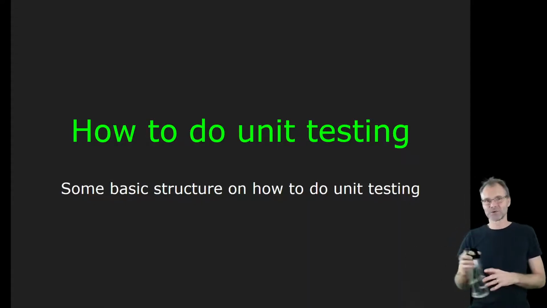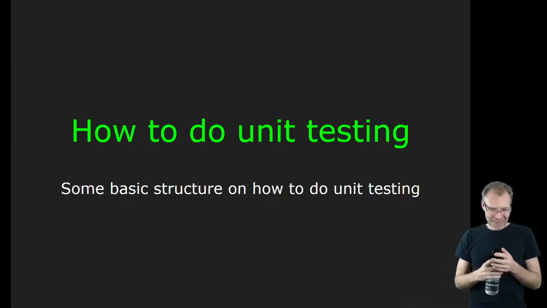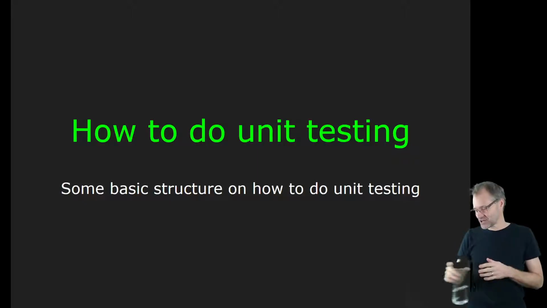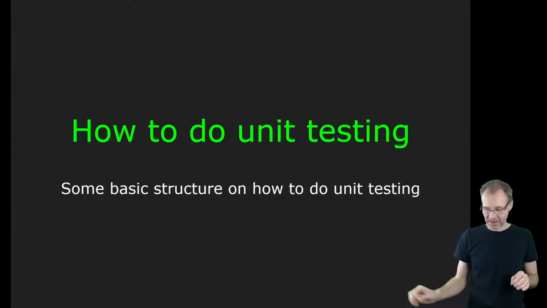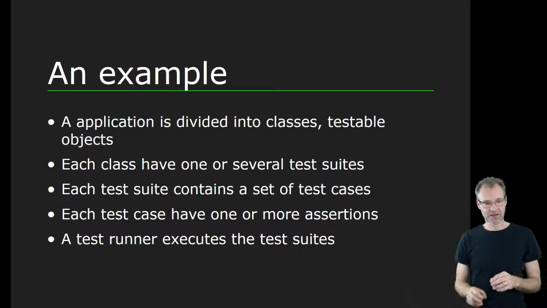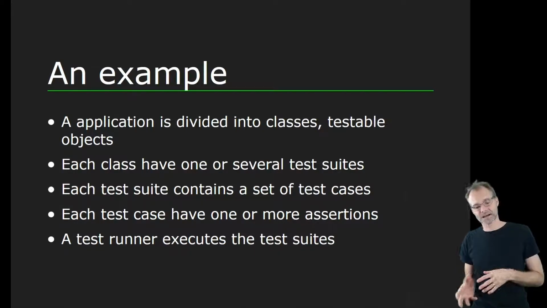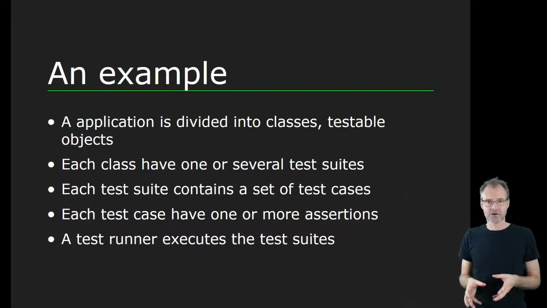So, okay, getting warm about unit testing, hopefully. Let's continue to see some basic structure and how to work with unit testing. So, let's consider an example. We have an application which is divided into classes. And I would say that each class should be a testable object, an object that we can focus on and do tests towards.